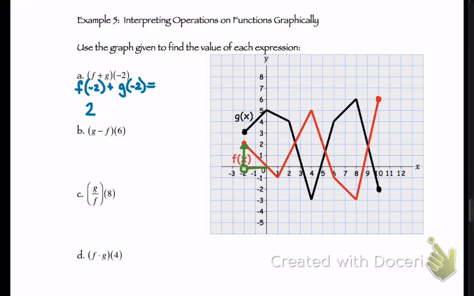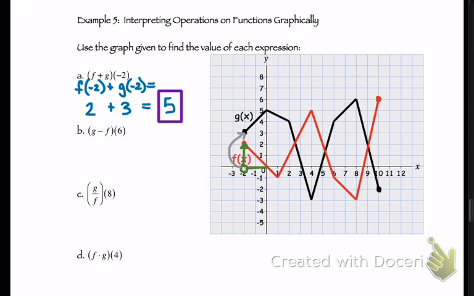So now I'm looking at -2, where is my g function? Well, my black line is at +3. So 2 plus 3, voila, is equal to 5. Your turn. B, C, and D. Come on, you should be able to handle this without me doing any more. B, C, and D, try them on your own. Let me know what you get.